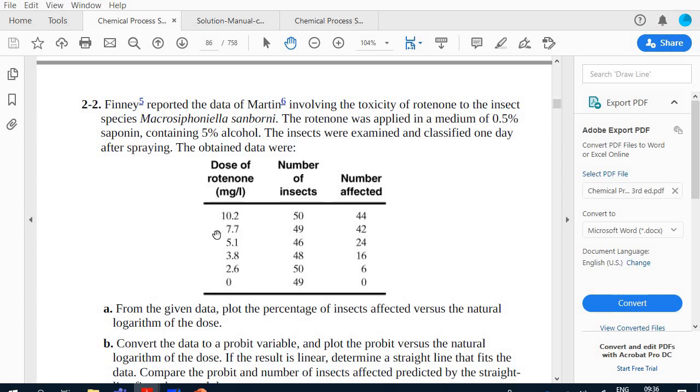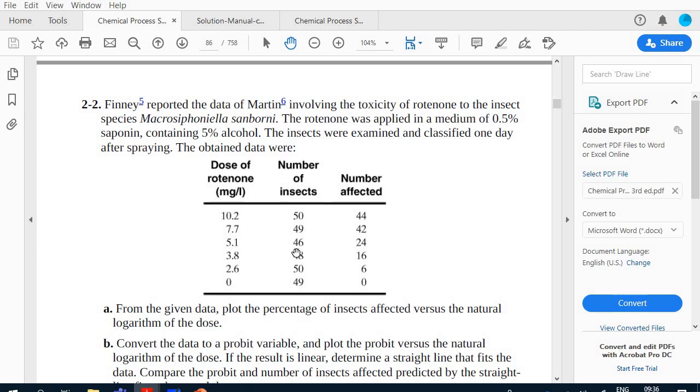And when we injected a dose of 7.7 milligrams per liter, we found that 42 out of 49 were affected. It says here number affected, and this is the total number of insects. Then you did another experiment, injecting 5.1, and found 24 out of 46.